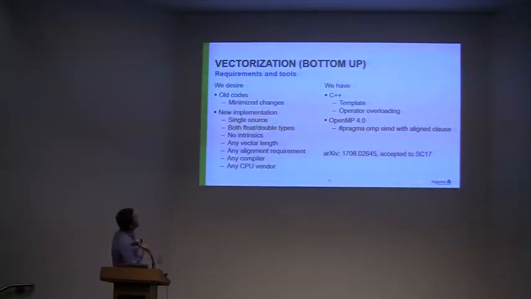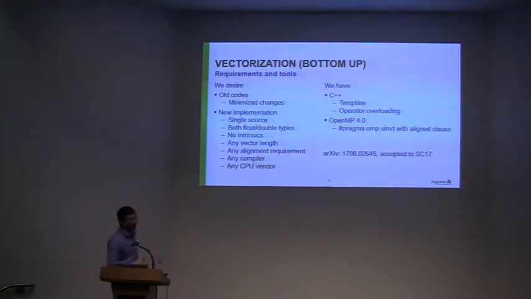So what we design is to do the vectorization. Doing the vectorization, we need to change the data layout in several very fundamental data structures. This potentially will pollute a lot of code. We would like to have minimized changes. This is for the old code part.